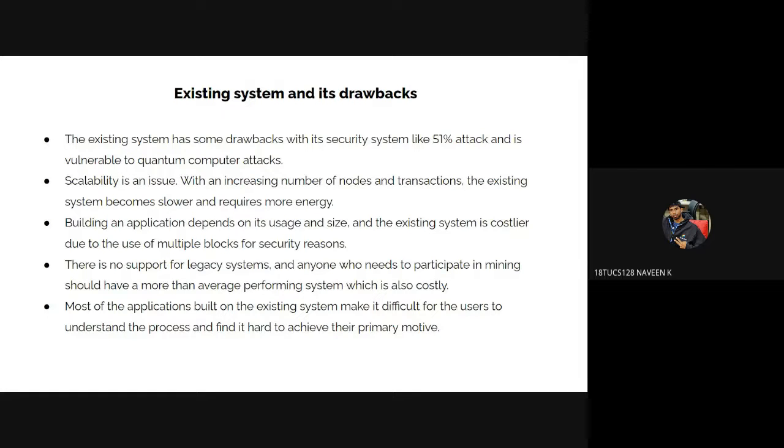These kinds of attacks commonly take place in blockchain, and it is also vulnerable to quantum computer attacks.